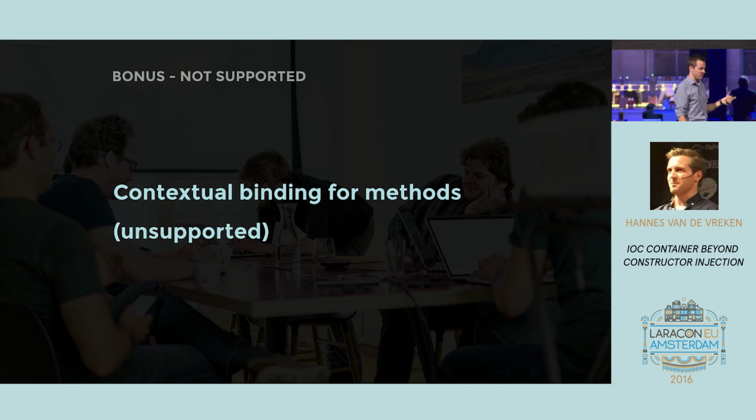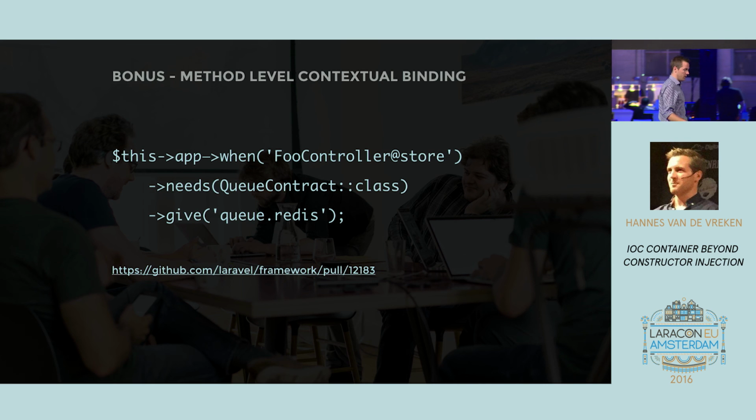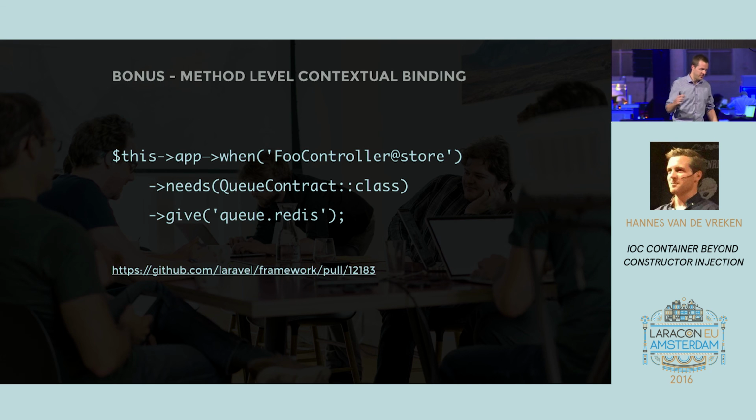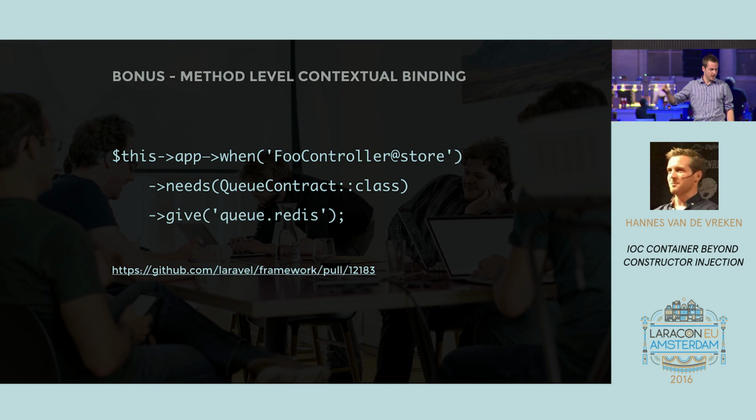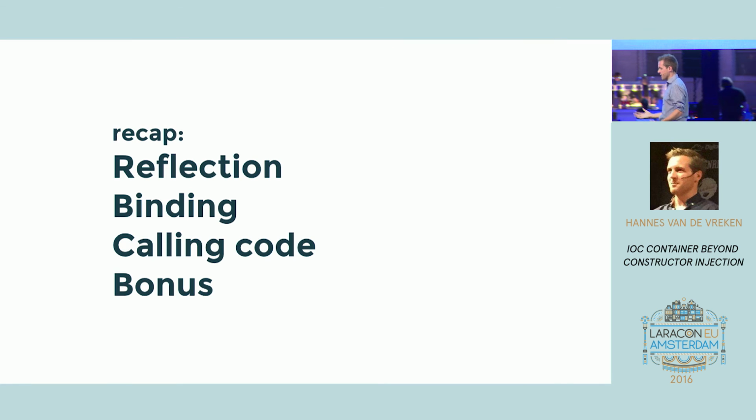But if you need to inject something into the methods, we know that we can do route model binding and inject some model in some method of a controller. But if you want to contextually inject something there as well, then that is actually not supported. One example would be to use this->app->when(FooController@store) needs FilesystemInterface or QueueContract, then give the Redis implementation. I sent in a pull request, but sadly, it has been denied. Something that happens. No regrets.